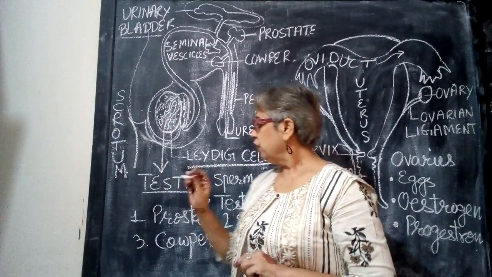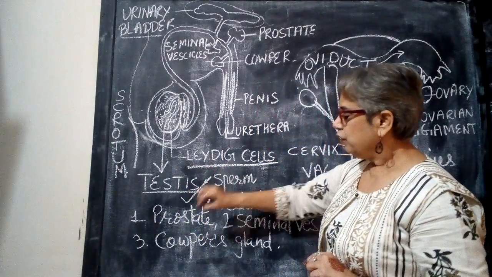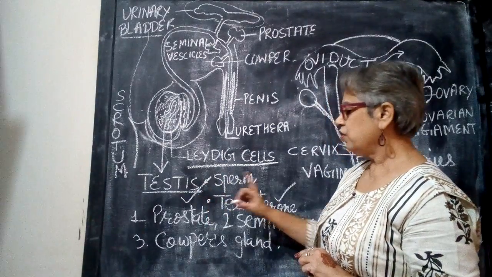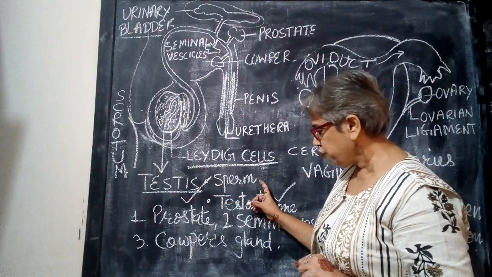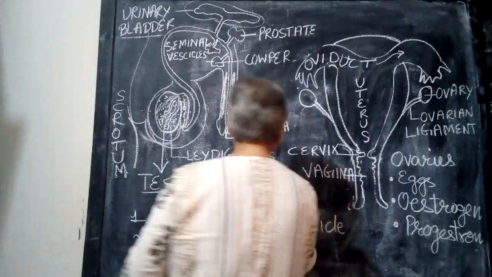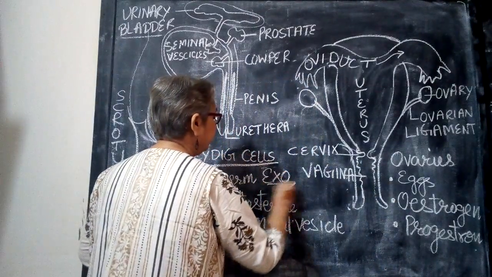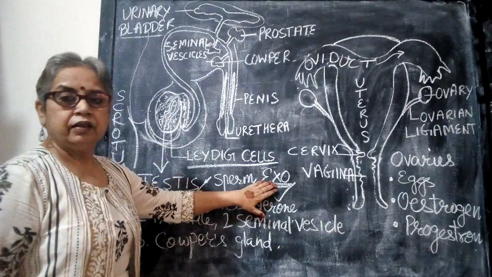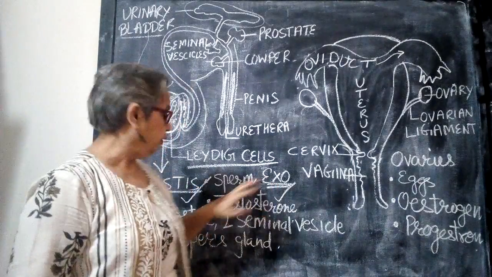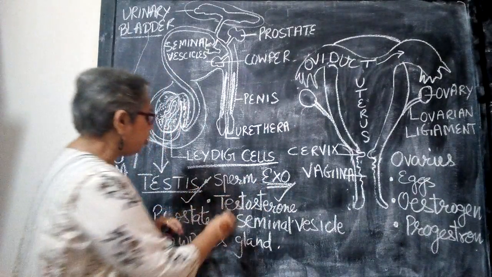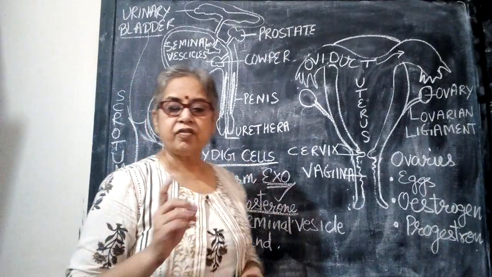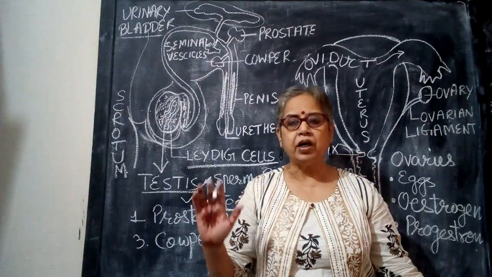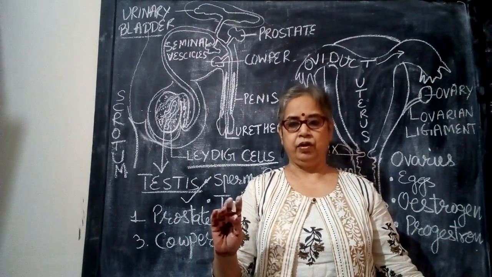Is this clear? So, testes, primary male sex organ, its function is spermatogenesis, production of sperm. This is exocrine function. Exocrine means the ducts are there to release the sperm. But in this testosterone production, the testis is behaving like an endocrine gland and there are no ducts which carry the testosterone.